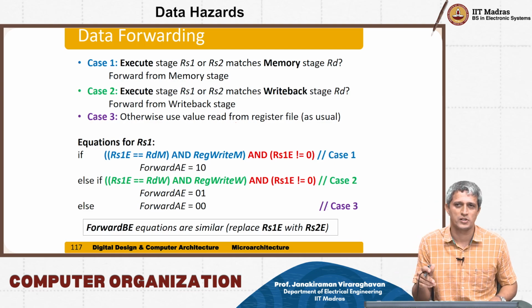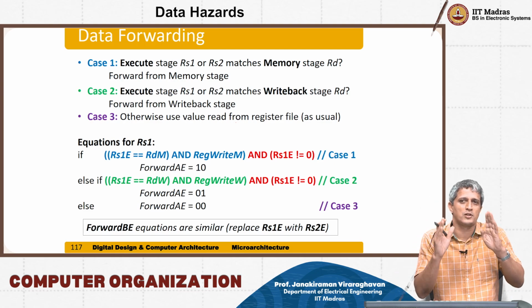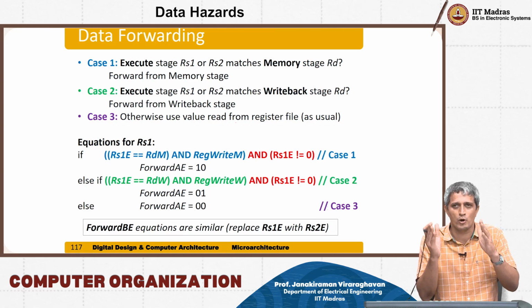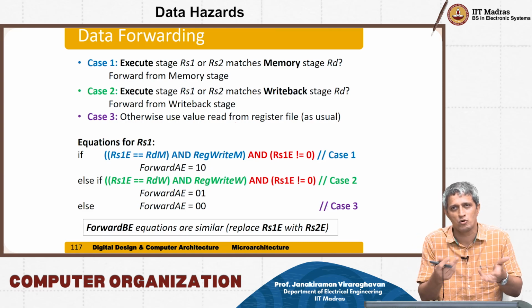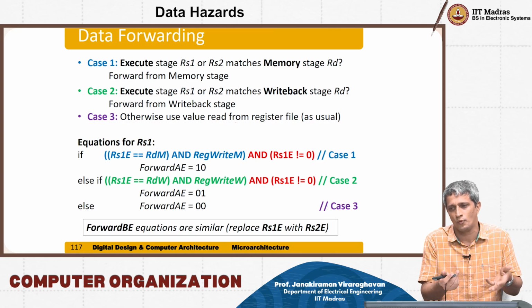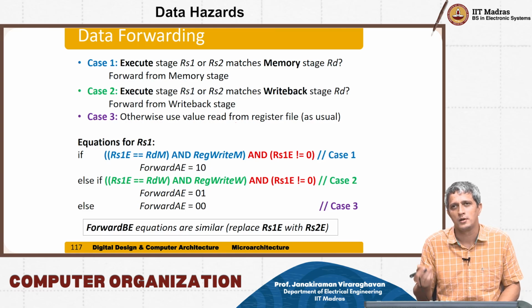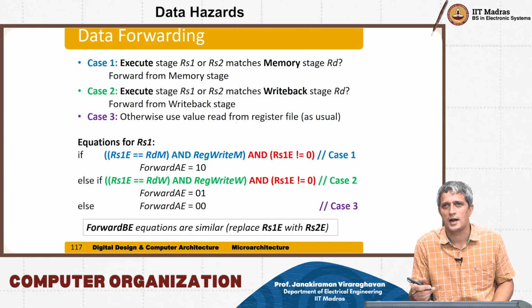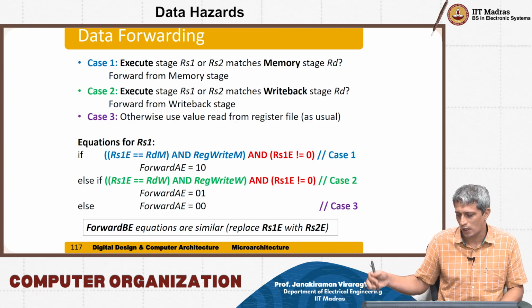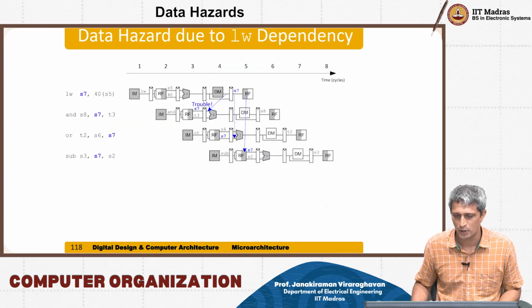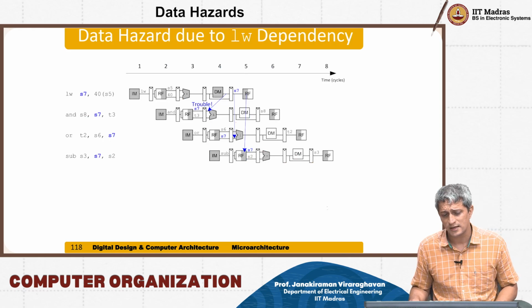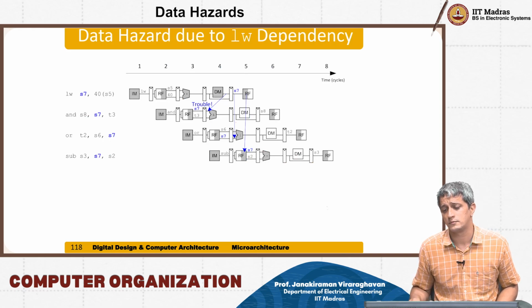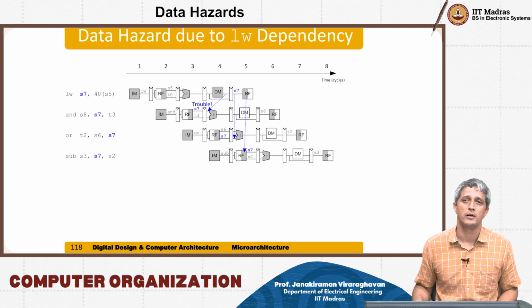That is, you are saying that the source 1 register is not the X0 register. X0, remember, is hard coded to 0. You cannot write back into that, so there is no meaning for that. That answer is always 0. So you don't check for that, and you also make sure you don't allow a write back into that particular case. So likewise, there is another hazard due to the load word dependency.